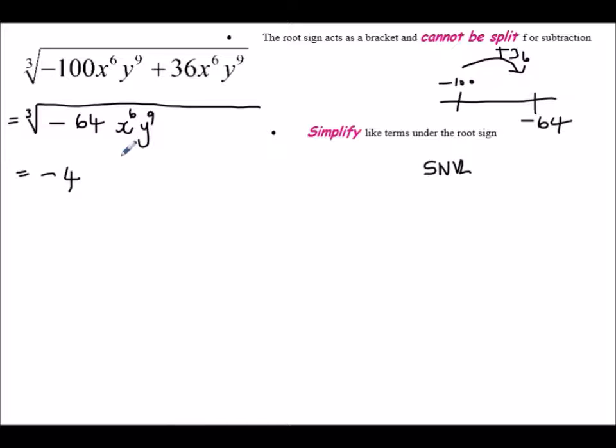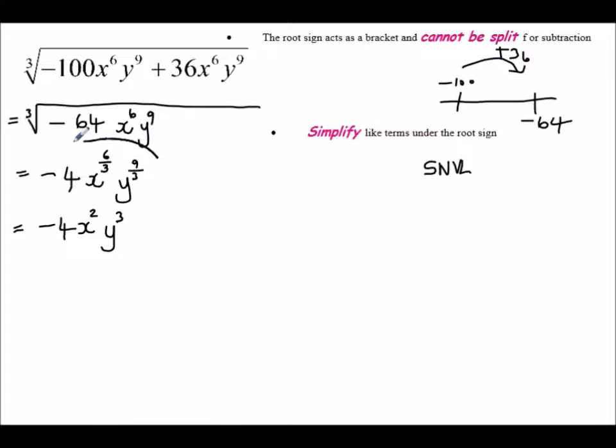Remember, when we cube root, we are grouping in groups of 3, so you're going to say x to the 6 divided by 3, y to the 9 divided by 3. So let's simplify that. Negative 4, x, 6 divided by 3 is 2, y, 9 divided by 3 is 3.